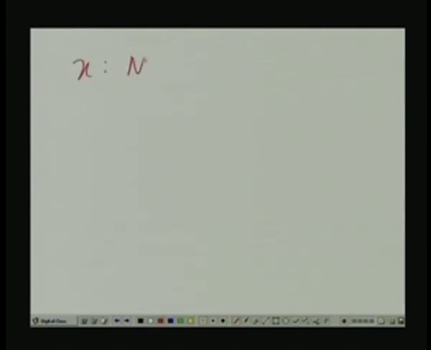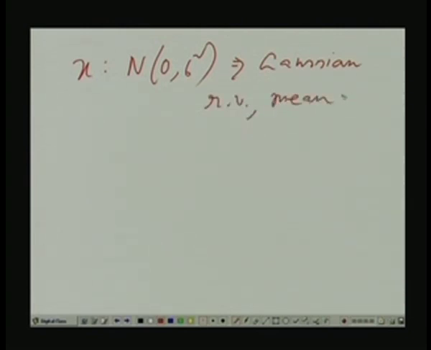X, the symbol means actually n for normal, which is same as Gaussian. This means Gaussian random variable, mean 0, variance sigma square.